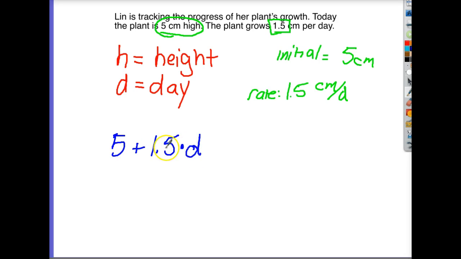If I grow 1 day, it's 1.5, 2 days, 3, 3 days, 4.5, etc., right? So what I started out with plus how much it grows is how high it will be. Does it make sense? Yes, the total height is what I started with plus this amount for every day.